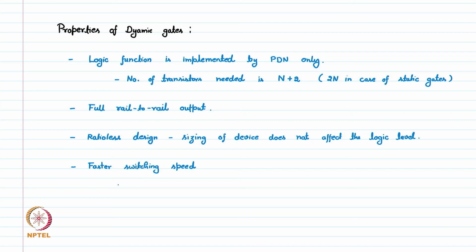The one is because the load capacitance itself is reduced, because we have now only n transistors connected at the previous stage. So the input capacitance is lower, and we have faster switching speed.